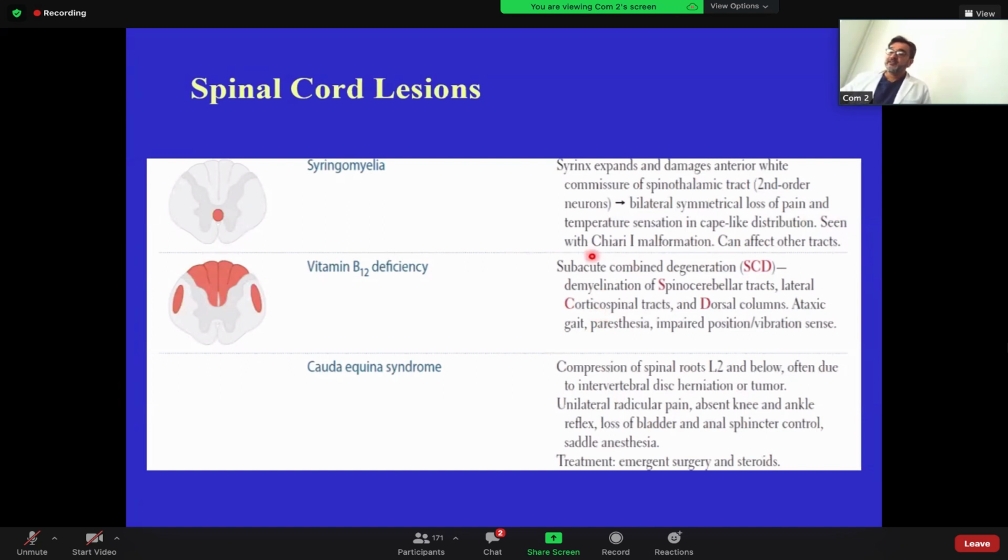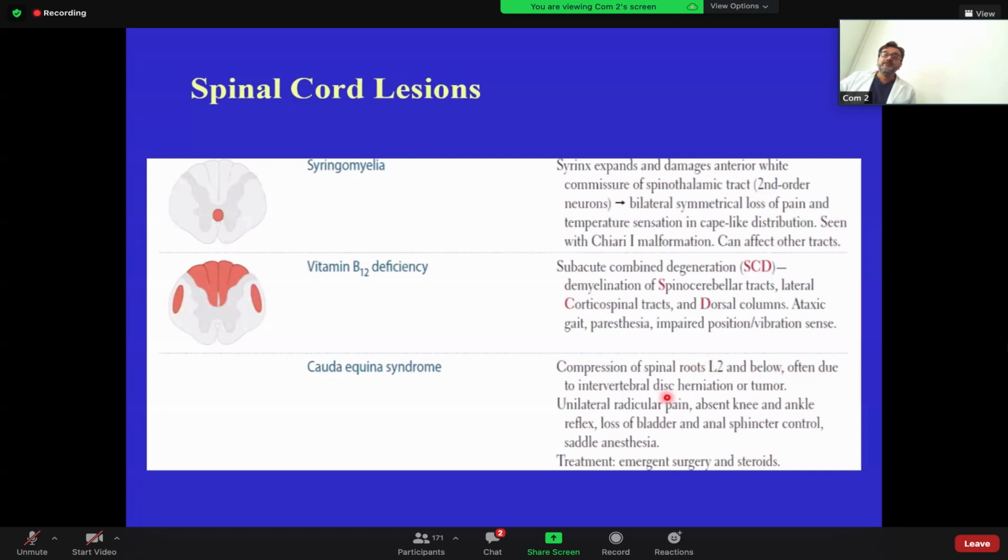So this is subacute combined degeneration, which is because of vitamin B12 deficiency. It can happen because of other deficiencies also, but the major one is vitamin B12 deficiency, which can lead to subacute combined degeneration.